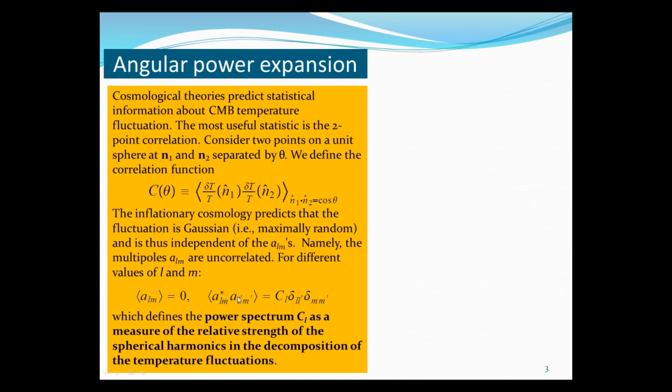The product of a star and a vanishes if l is not equal to l prime or m is not equal to m prime, and the coefficient here is C sub l, which defines the power spectrum C sub l as a measure of the relative strength of the spherical harmonics in the decomposition of temperature fluctuations.